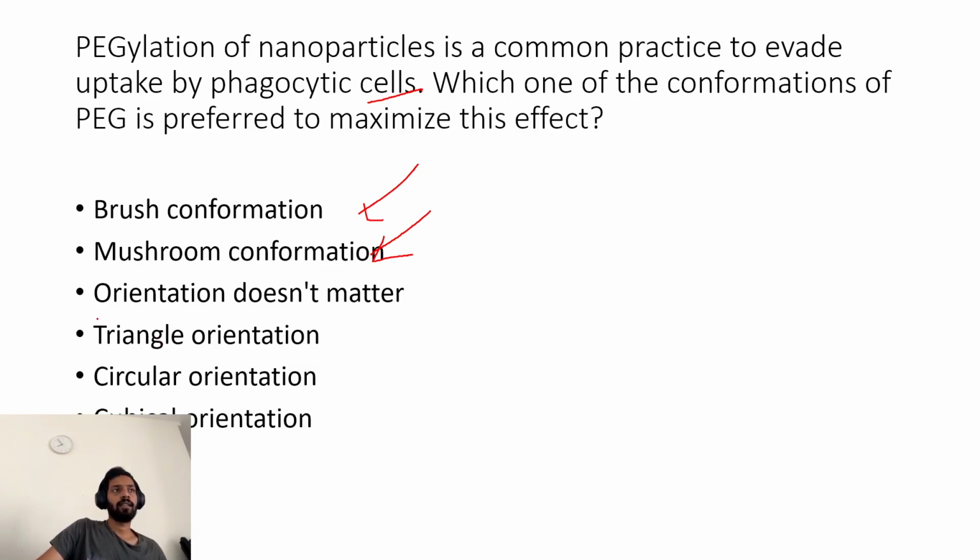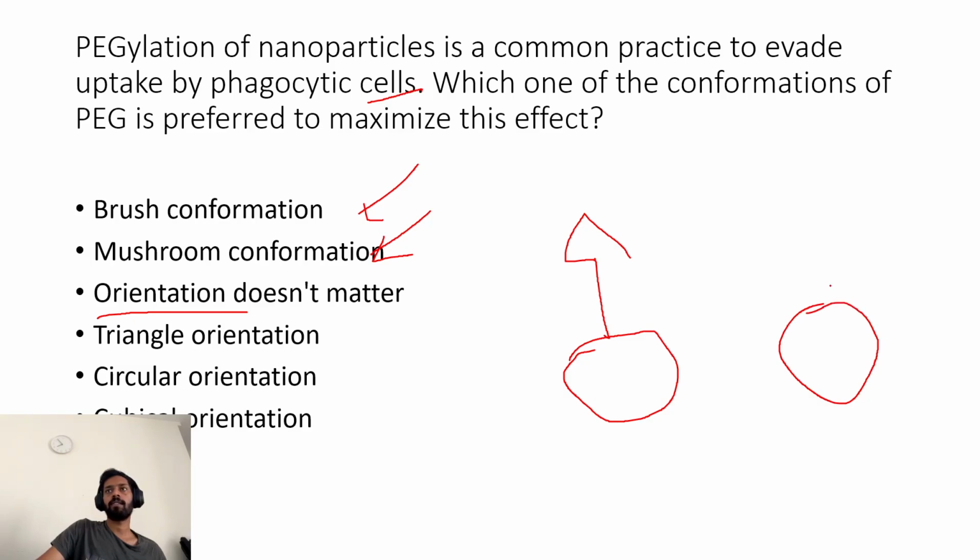Is it the case that orientation and conformations do not matter? Is it a triangle conformation? So triangle conformation would be something like this, right? If this is the nanoparticle, a circular conformation would be something like this, and cubical obviously will be something like this.